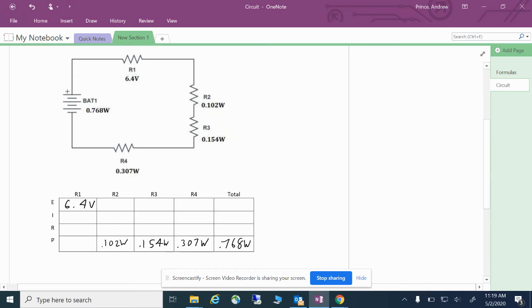So if we take 0.102 watts, 0.154 watts, and 0.307 watts, we add those together, and we're going to see what we get, and then we're going to subtract that from the total.